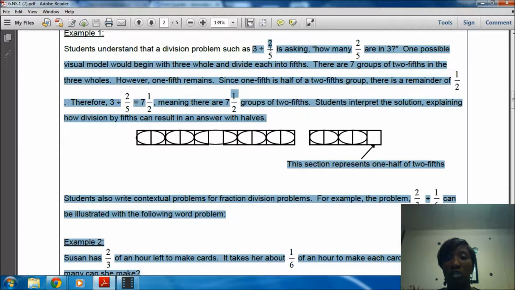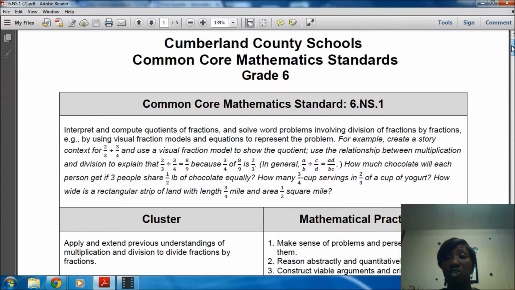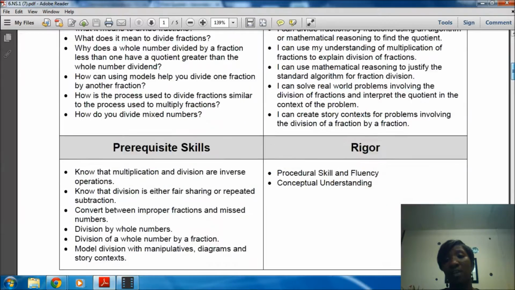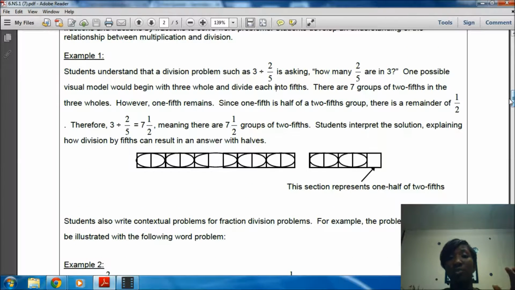Giving a worksheet that just has 3 divided by 2/5 is not addressing the standard to the depth that it should be. Again, this says interpret and compute quotients, solve word problems involving division, use visual fraction models. So thinking that the standard is being addressed by just giving them a division problem is not it.